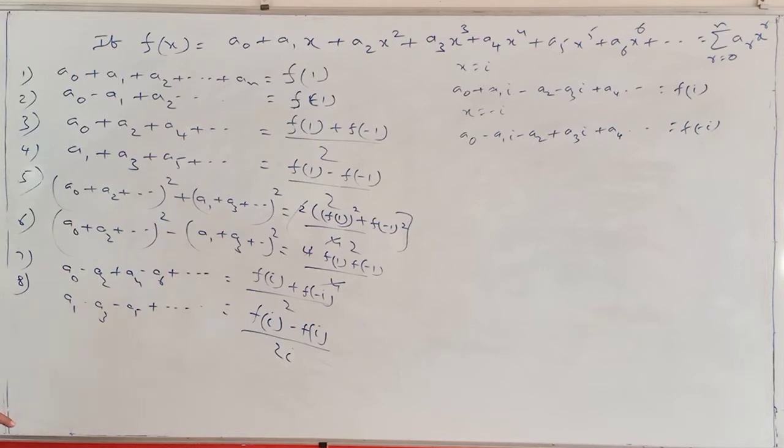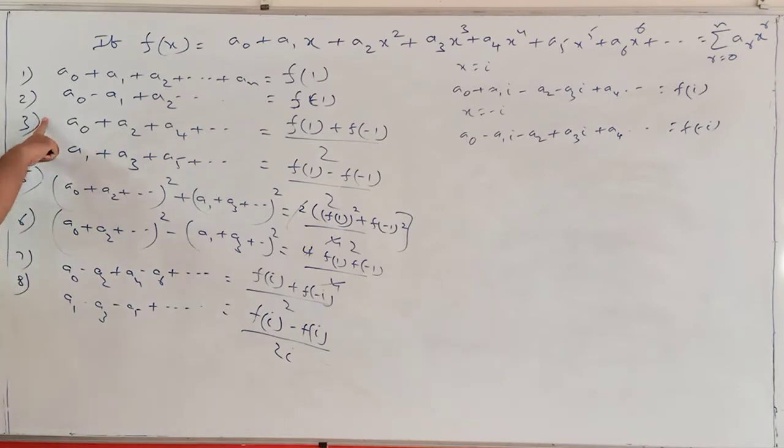Okay. And again, see all these 8, and again by using the third one and seventh one, we get one more result. Third one and fourth one: by adding these two, 2 times a0, a2 cancels, 2 times a4, a6 cancels and so on.